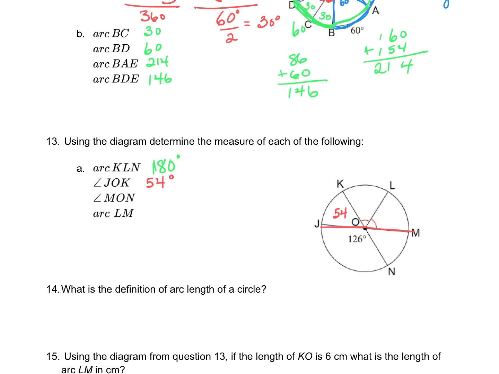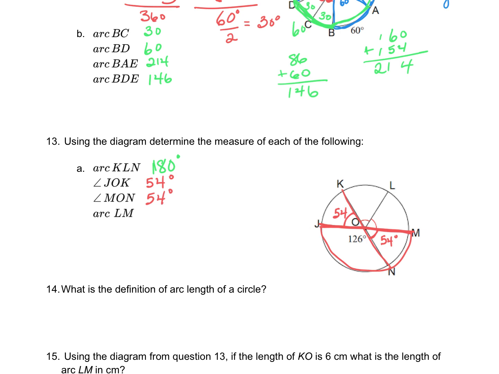If you notice, these types of angles we have seen before. They're drawn in a circle, but they are still vertical angles. So this is also 54 degrees. You could have also looked at it saying, JM is a diameter, so 180 minus the 126 would give me the 54. Either way, those two angles are congruent.